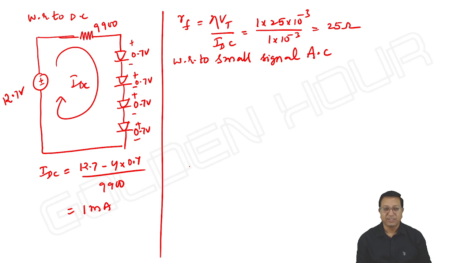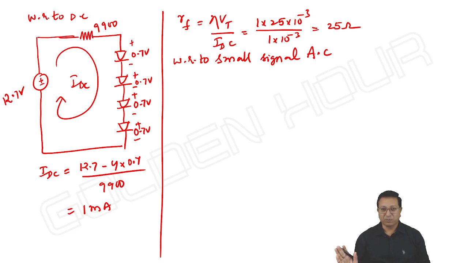What do we get? DC in the sense we are not showing any AC source, and with respect to AC we are not showing any DC source. As far as the DC circuit is concerned, the diode is represented by a voltage source of value 0.7 volts. With respect to AC, the diode is replaced by a resistance RF whose value in this example is 25 ohms.